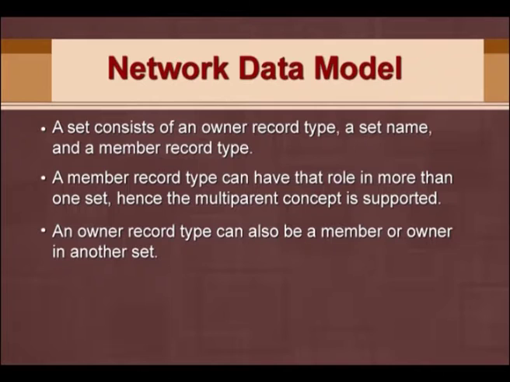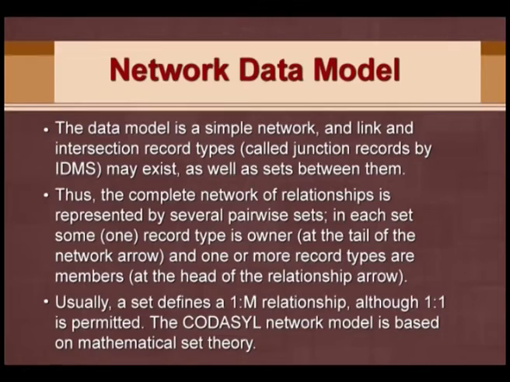So, these are the possibilities that we have in the network data model when compared with the hierarchical data model. The data model is a simple network kind of thing, and link and intersection record types may exist as well as sets between them. The complete network of relationships is represented by several pairwise sets. In each set, some record type is owner and one or more record types are members.